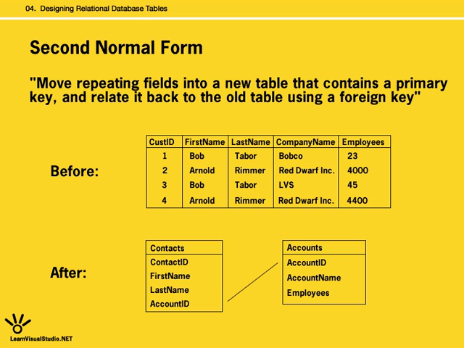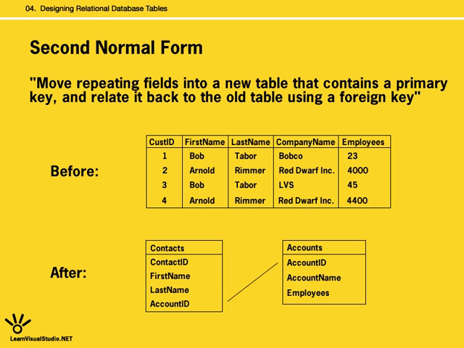What second normal form hopes to improve on is to split these out into two entities. By splitting out the company, which we're calling accounts, from the individual people that work for the company, which we're calling contacts, we can eliminate the redundancy. And when we have new information about Bob Tabor, for example, that he works for a new company, we would just simply create a new row within our accounts table and then associate him with the new account record.